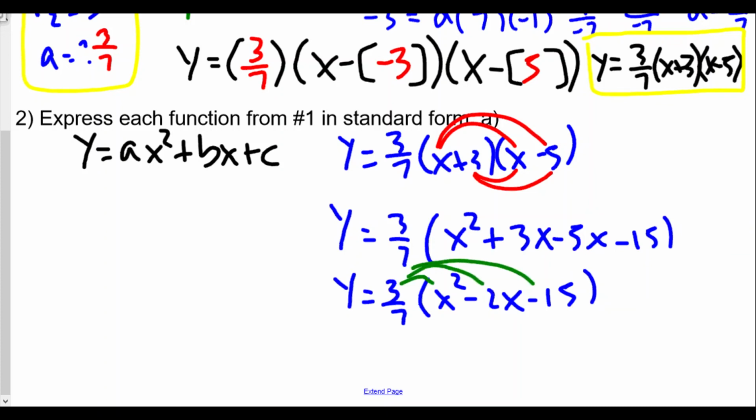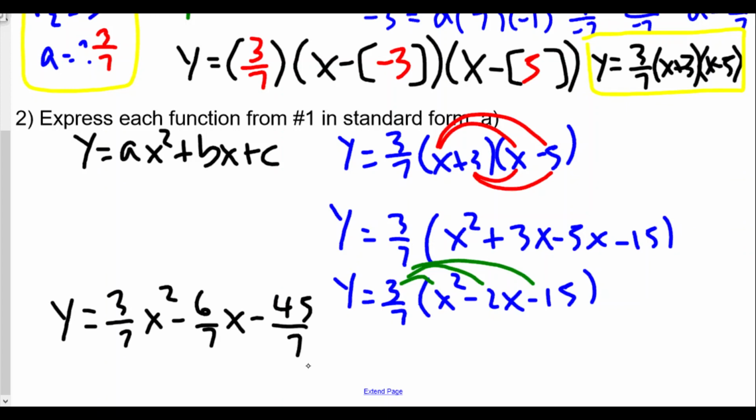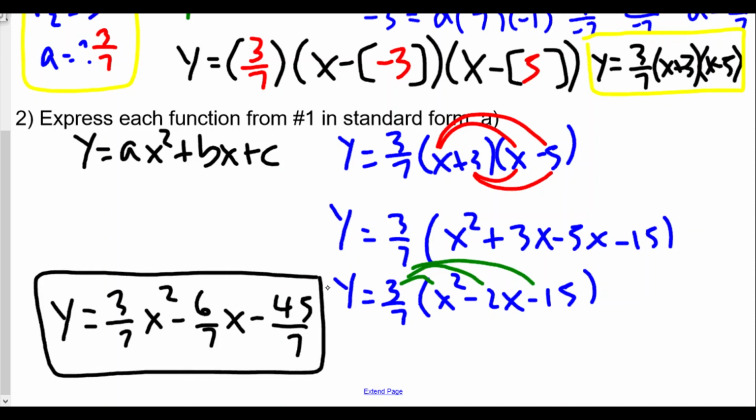And so we end up with y equals 3 over 7 x squared minus 6 over 7 x minus 45 over 7. And this will be the same quadratic function in standard form.